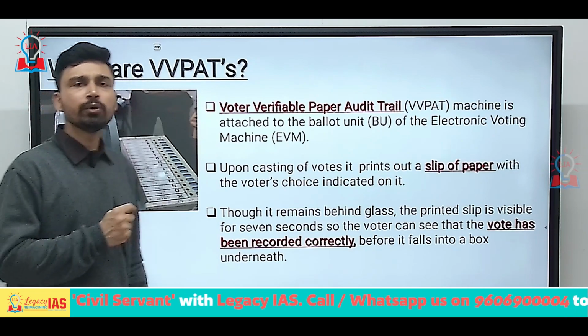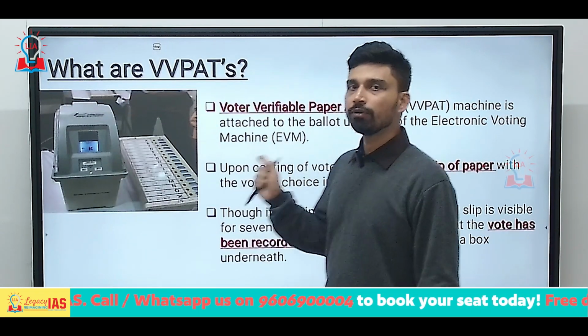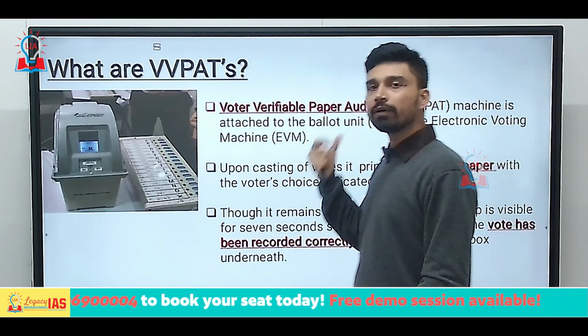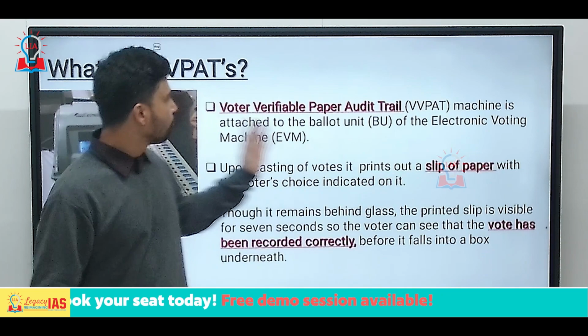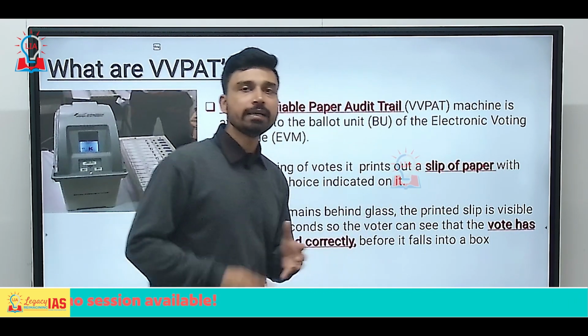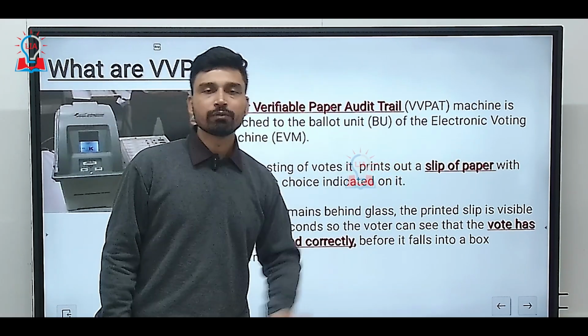Before going into details about the current topic of discussion, let us try to understand what the term VVPAT itself means. VVPAT is an abbreviated form of voter verifiable paper audit trail. This is a machine that is attached to the ballot unit of the electronic voting machine, EVM.